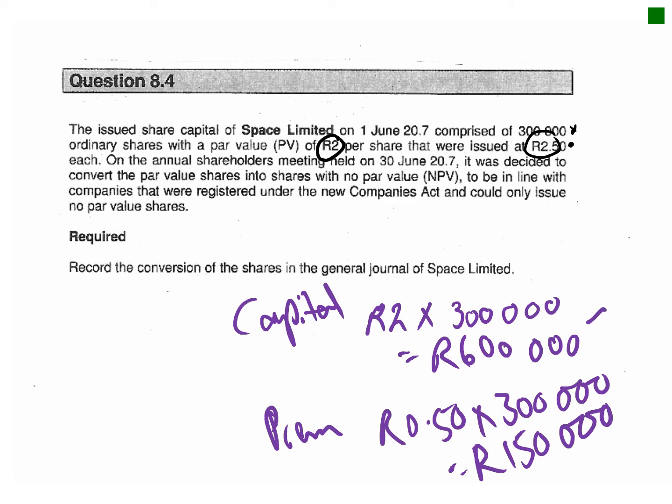So in their current situation, they have 750,000, which is those two added together, 750,000 Rands worth of shares that have been issued, but 600,000 is current share capital and 150,000 is share premium. So what's going to happen now is we're going to take this share premium and transfer it to share capital.